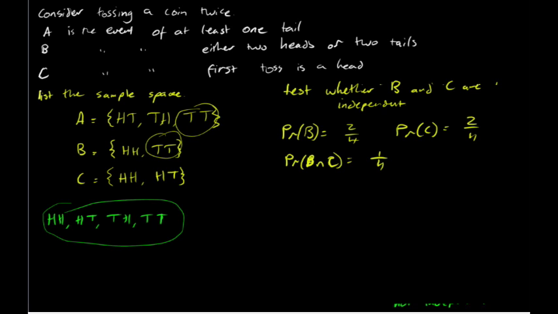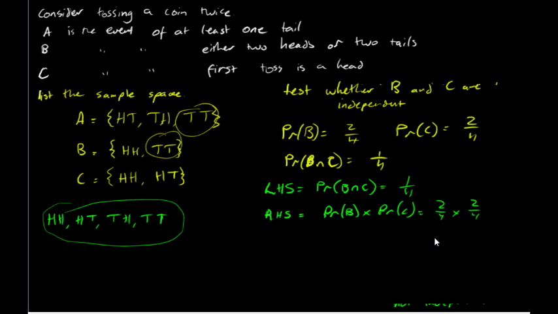And like before, our left-hand side is the probability of B and C, which is just 1/4. And then the right-hand side is the probability of B times the probability of C. So 2/4 times 2/4.